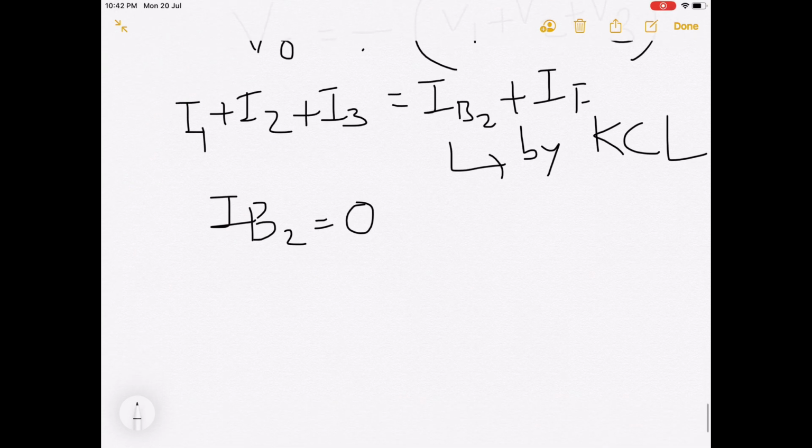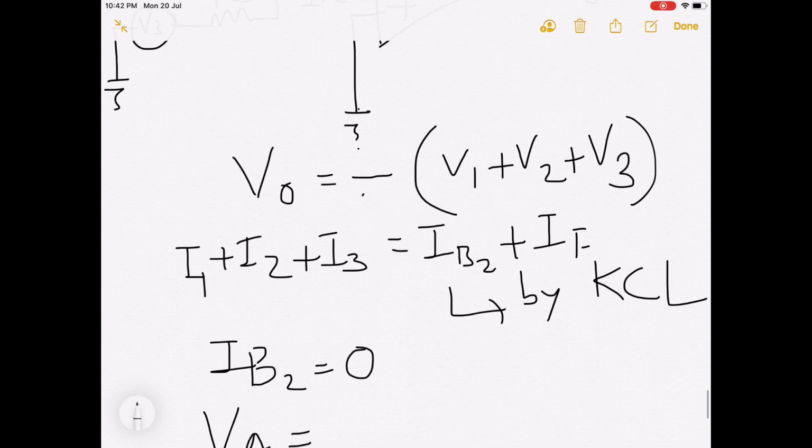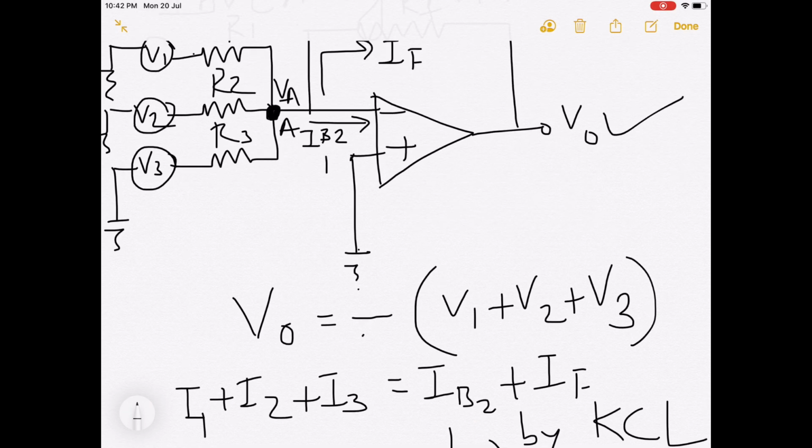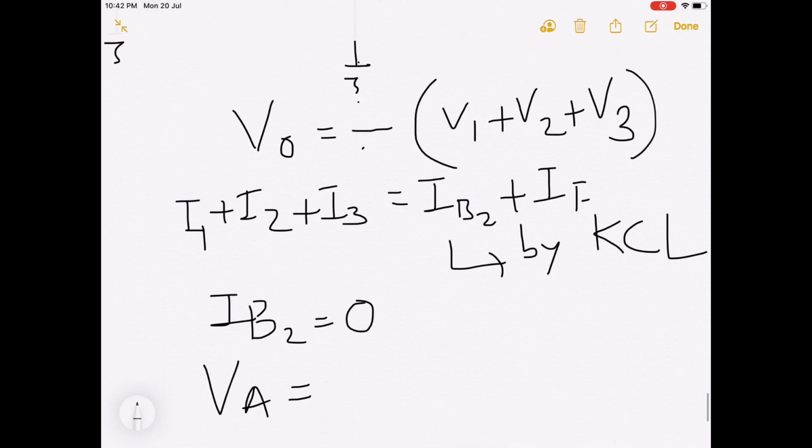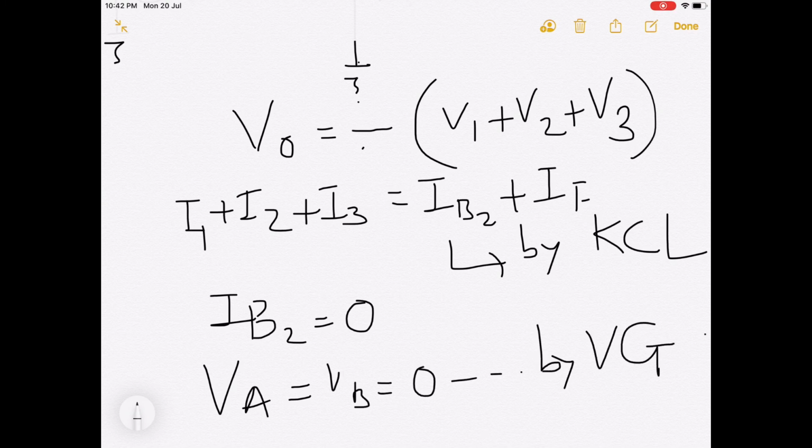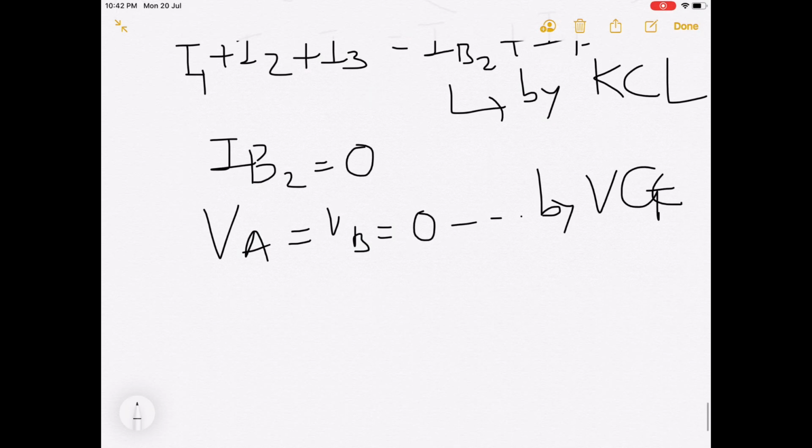So, VA is equal to, suppose this point is B, VA equal to VB equal to 0. This is by virtual ground concept. Okay. Then IB2 is approximately 0 because of what? Input impedance of op-amp is very high.